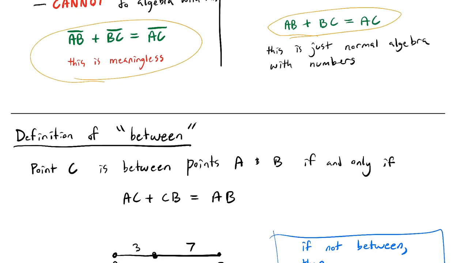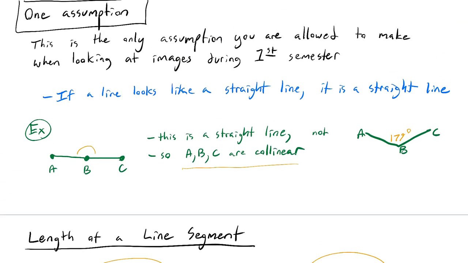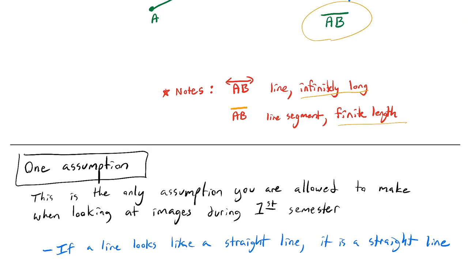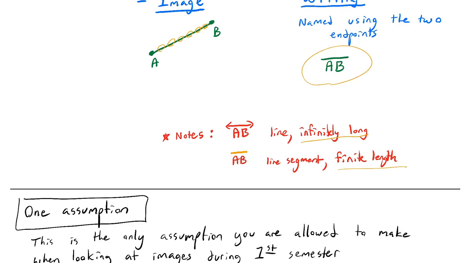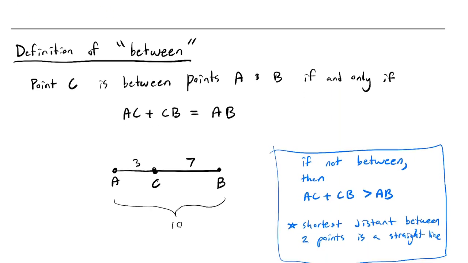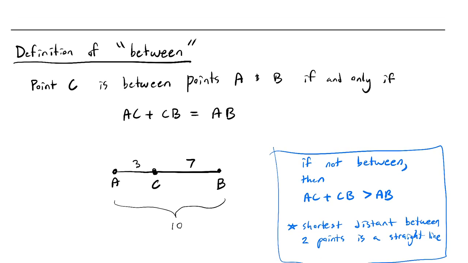All right. So now we can define what it means for a point to be between two other points. Could we say that point B is between A and C? Or what does it even mean to be a line segment, to be all of the points between A and B? And so we define it. We can ask the question, is point C between points A and B?